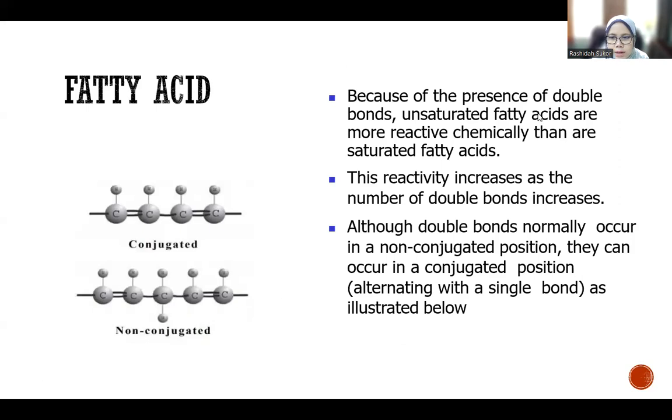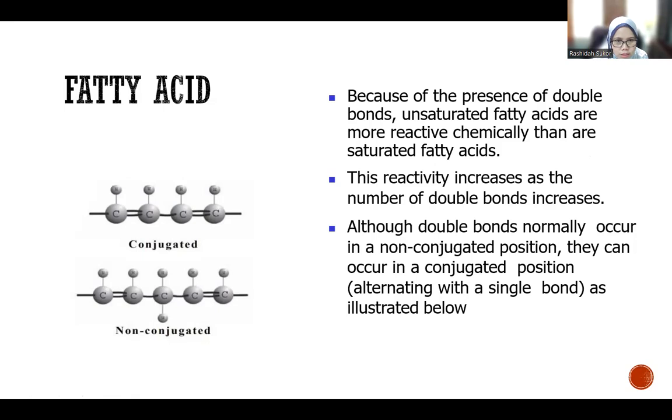Because of the presence of double bonds, unsaturated fatty acids are more chemically reactive than saturated fatty acids. In chemistry, we are talking about energy, molecules have their energy. Normally it will be more stable when it is not reactive. So unsaturated fatty acids tend to be more reactive because of the double bond, it is not as stable.